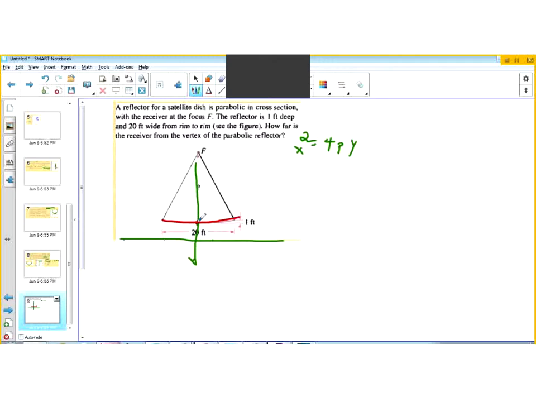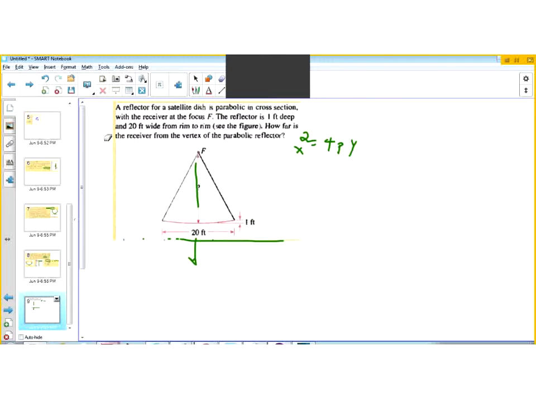So we know this to be x equals 10. And if this is our coordinate system, let's make this a coordinate system. We'll call this the x-axis right here. It's hard to know. So parabola opening up. Well, maybe not.